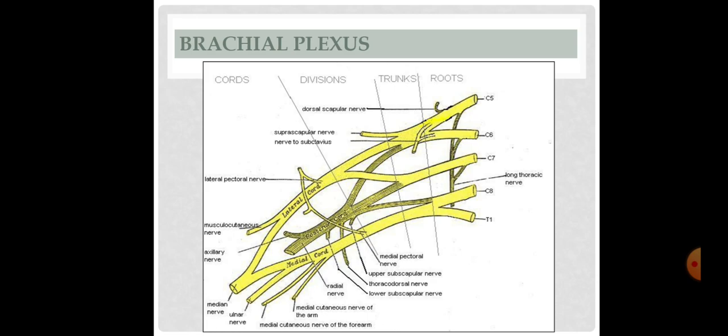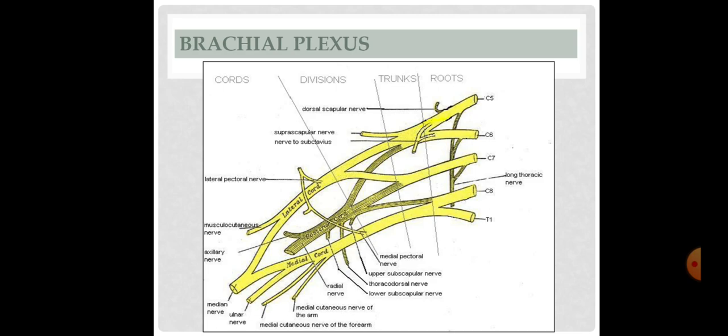At first, from C5, C6 and C7, there arises the long thoracic nerve, or nerve to the serratus anterior. So the long thoracic nerve root value will be C5, C6 and C7.